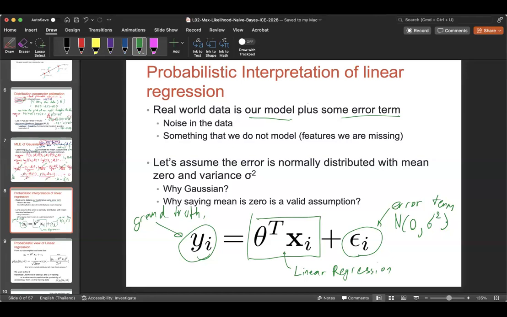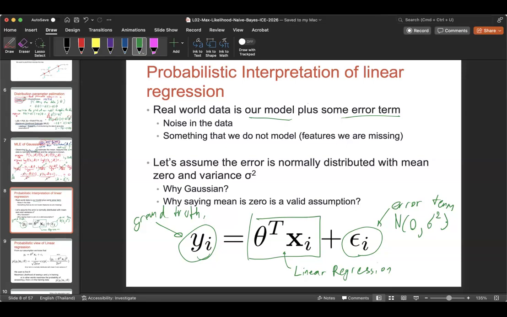Do you think modeling something where our error is Gaussian is okay or not okay? Yes, so your friend says Gaussian is very common in nature, in physics.